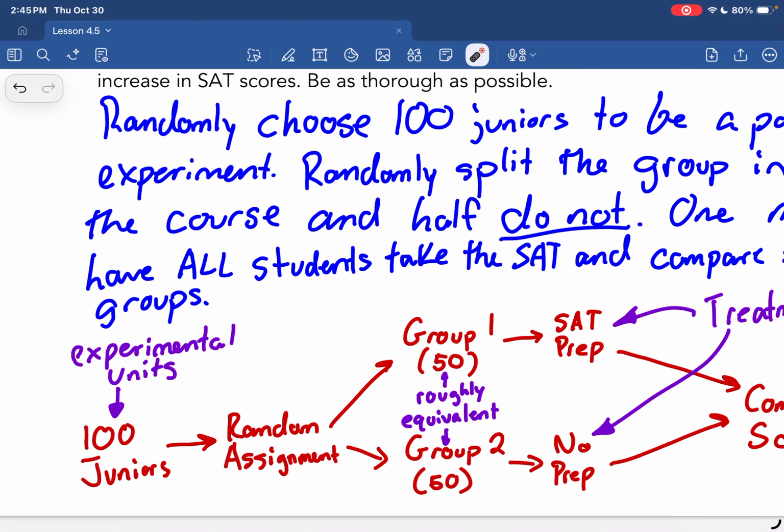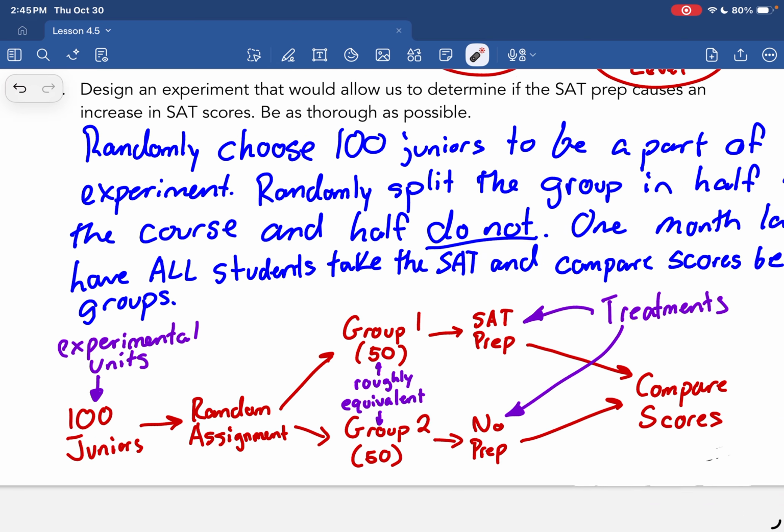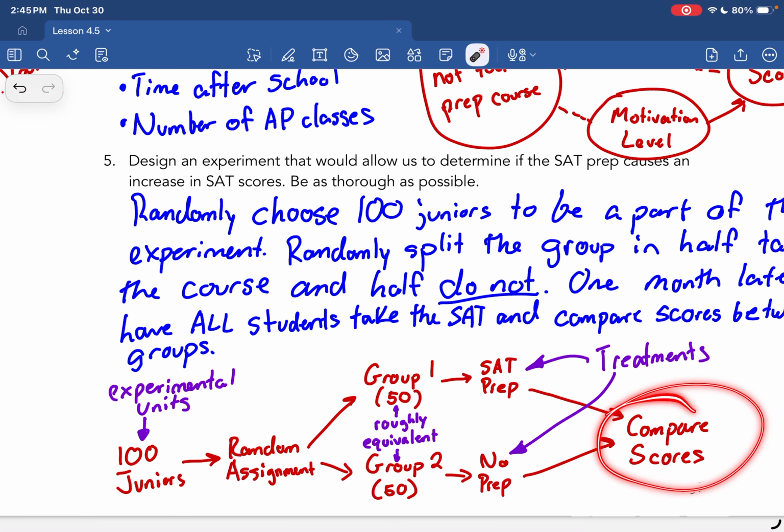The groups are heterogeneous in everything else, but the only thing that sets them apart is their treatment. So if there is a significant difference in the SAT scores between the two groups, we can say that the SAT prep class caused the higher scores.